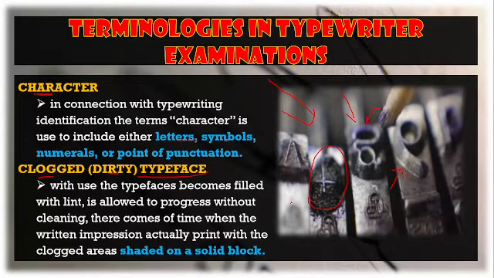Because deformed na yung typeface natin. So as you can see, clog po ito or dirty. So instead na may mabubuong letter A, then it might be deformed, or it might be just a blank, or hindi na makakapag-produce ng letter. As you can see, it's very dirty actually.